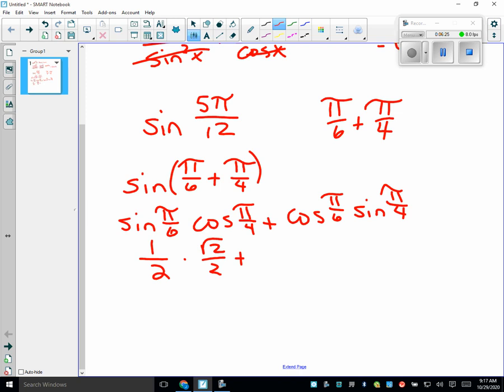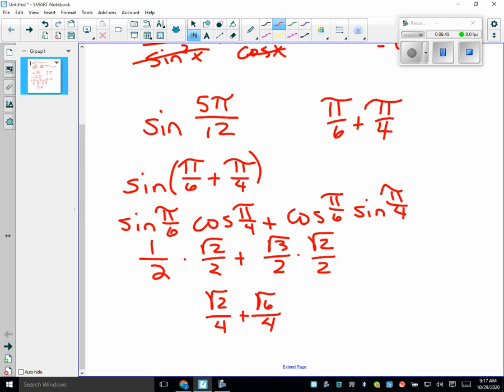Radical 3 over 2. And sine of pi over 4? Radical 2 over 2. So radical 2 over 4, and radical 6 over 4. Then you get radical 2 plus radical 6 over 4.